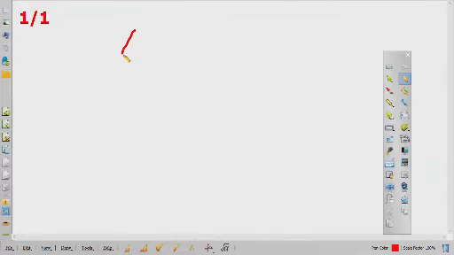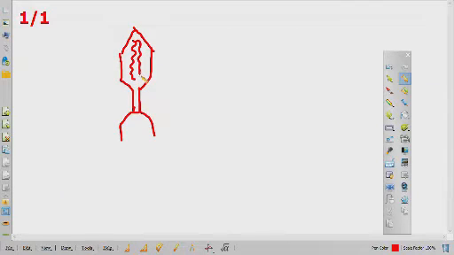You know that the viruses have the protein coat, and inside the protein coat genetic material is present.